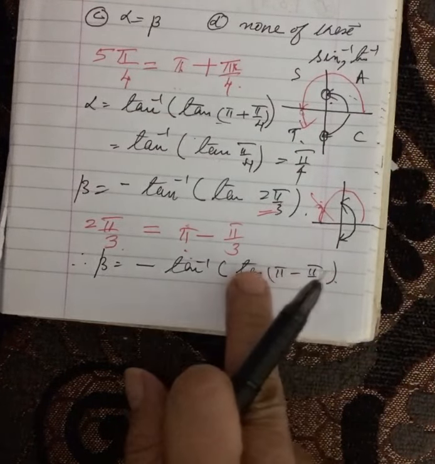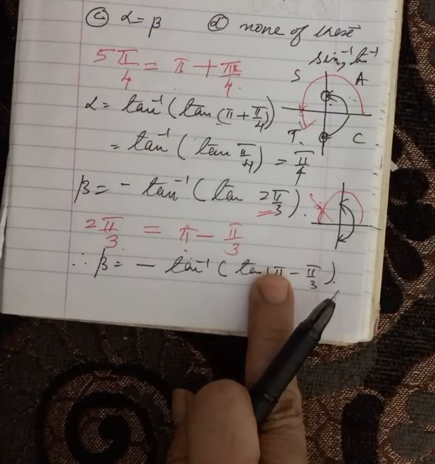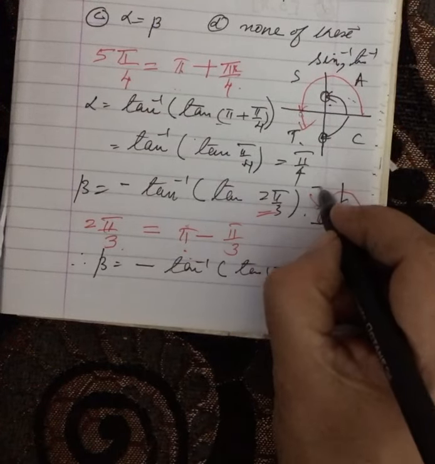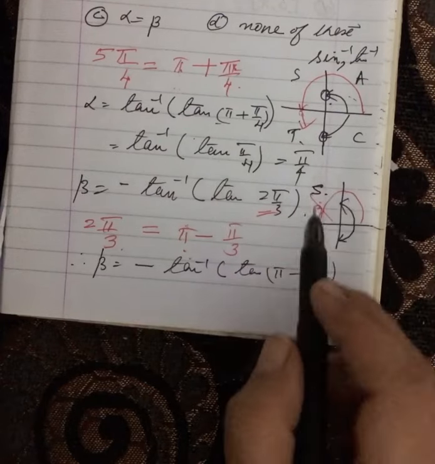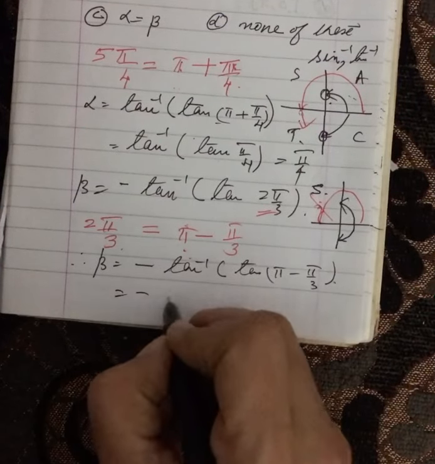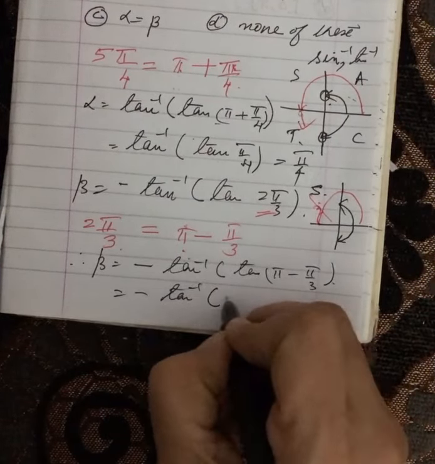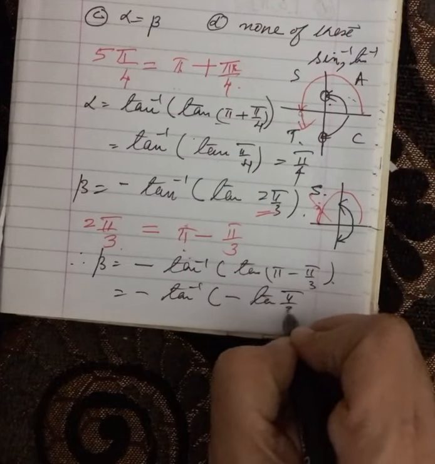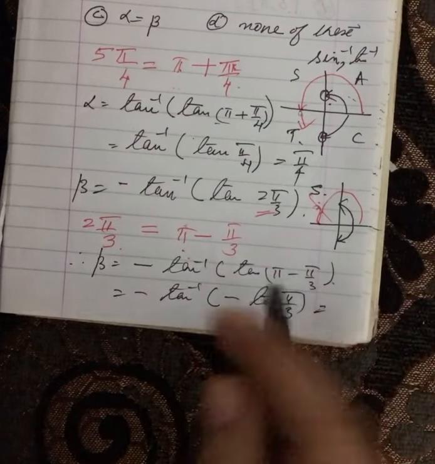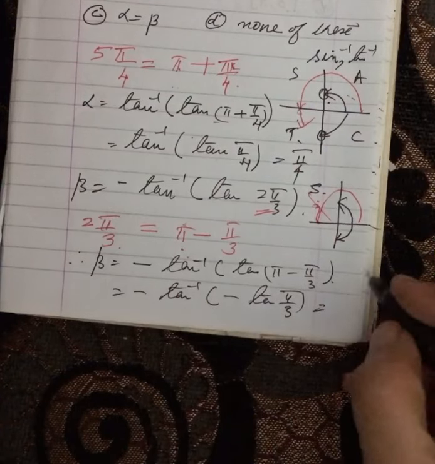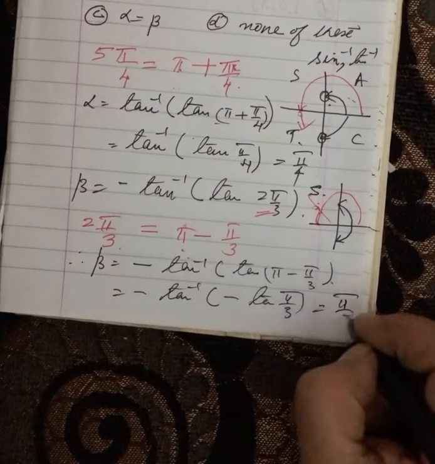Tan of pi minus pi by 3, pi will get deduced, and here sine and its reciprocal only is positive, but tan becomes negative. So minus tan inverse of minus tan pi by 3. So this minus also will come out, and you will get plus tan inverse of tan pi by 3, so beta is pi by 3.